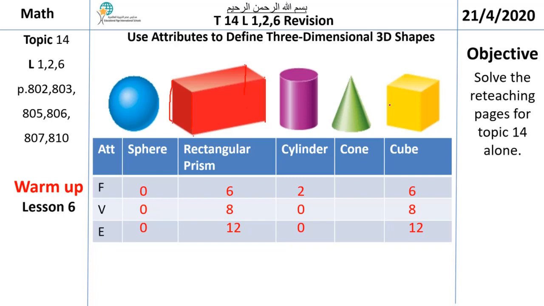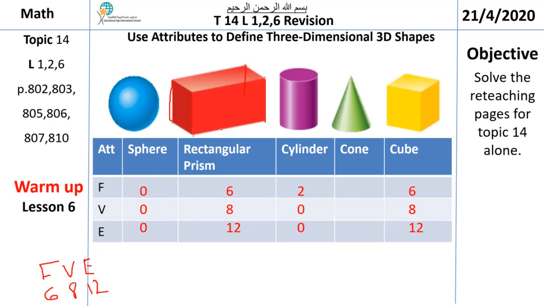So if I ask you about the sphere, I know that the FVE for it is everything 0. If I ask you about the rectangular prism, write on a paper FVE and right under it 6, 8, 12, like this.